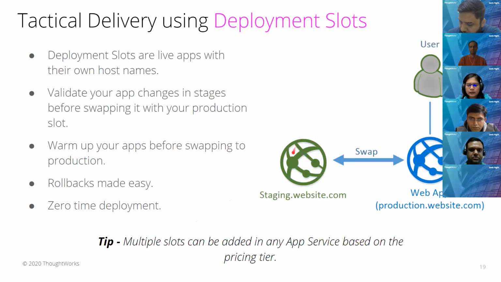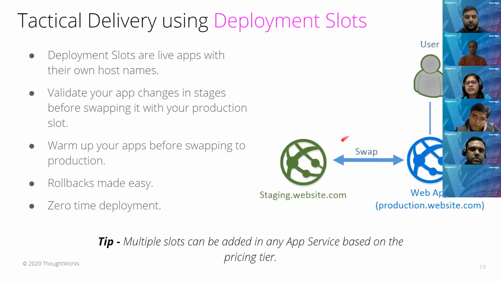As soon as you want to push the code, you push it to staging.website.com and validate your changes on this staging slot. Once your staging slot is validated and you are happy to promote these changes to production.website.com, you do a swap. As soon as you do a swap, your staging.website.com is pushed to production.website.com and your production.website.com is pushed to staging.website.com. And your end user will be looking at the promoted, latest code.